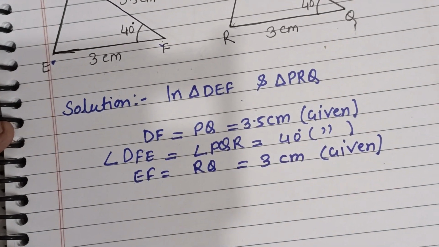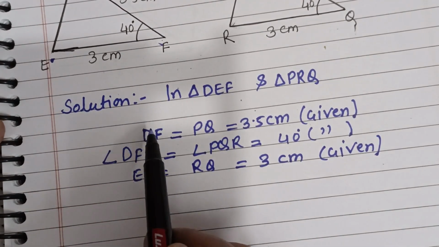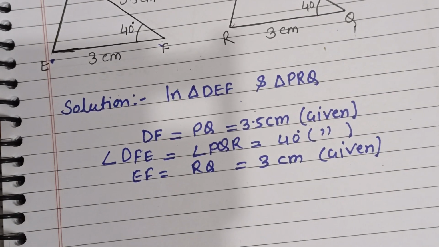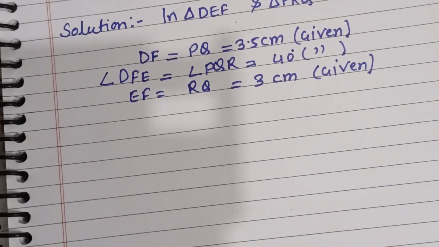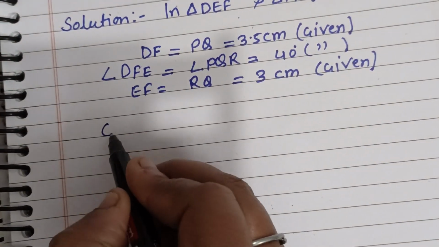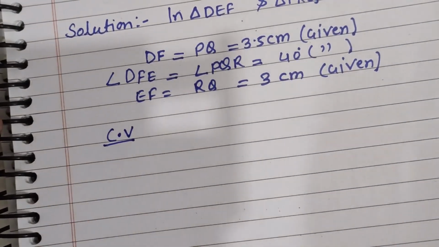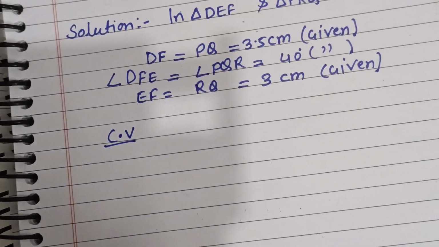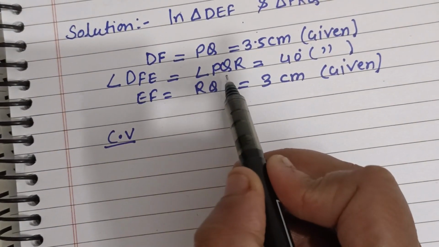Now the very important thing: out of 6 pairs we have got 3 pairs which are necessary to prove the congruence. Now we need to find the corresponding vertices because the order of congruence is very important. Here we need to start with the angle. We have angle DFE equals angle PQR.